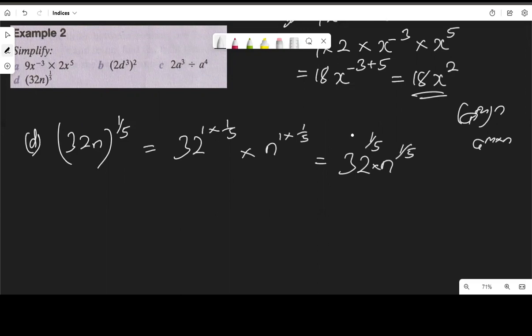Now 32 to the power of 1 over 5 is the fifth root of 32, which is 2.